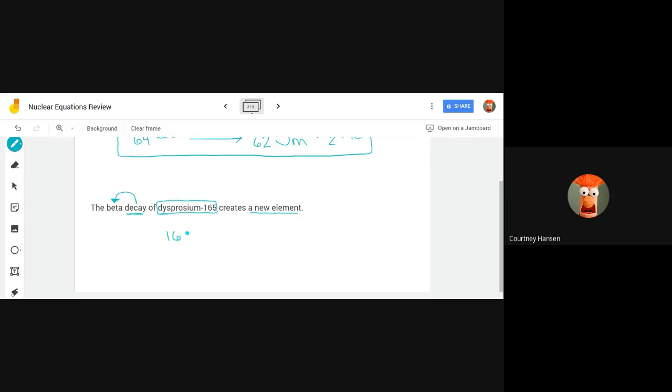We've got 165 as our mass number. Dysprosium is our element, and it is element number 66 on the periodic table. It is breaking down or decaying into a beta particle and a new element. So we're going to think of our arrow as an equal sign. 165 is equal to 0 plus 165 again. 66 is equal to negative 1 plus 67.